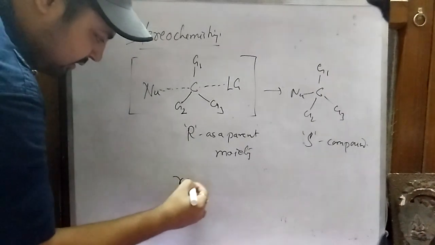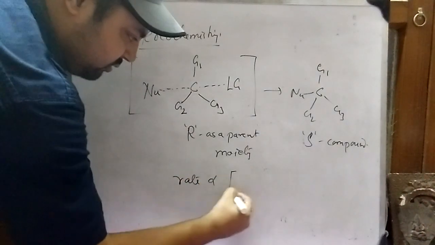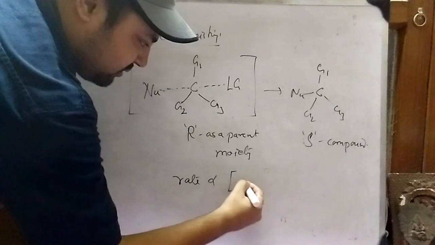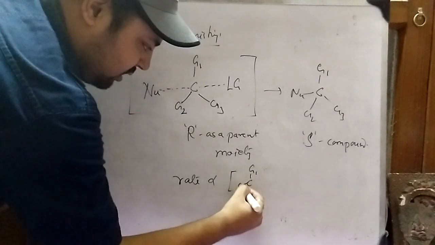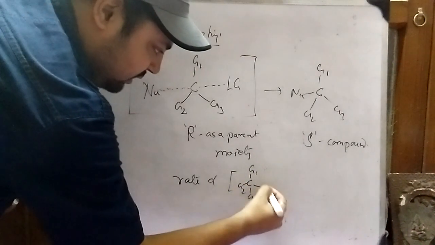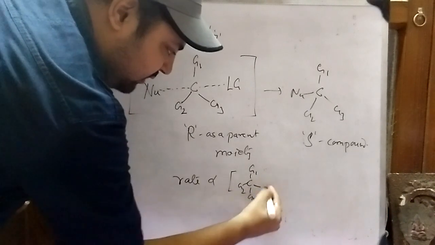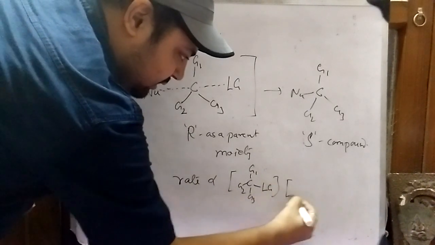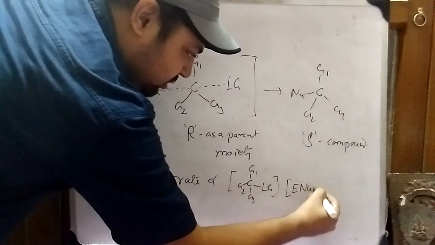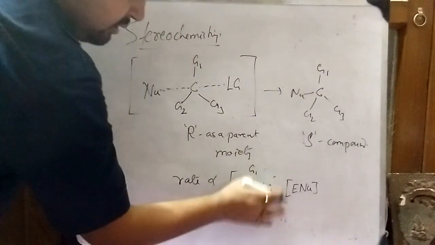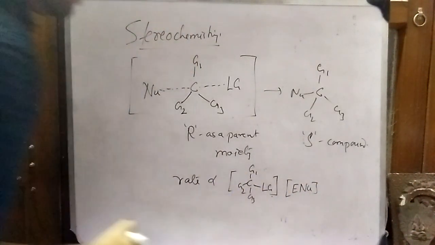So rate will be directly proportional to the concentration of the substrate, that is C, G1, G2, G3 and leaving group, and the concentration of the nucleophile.